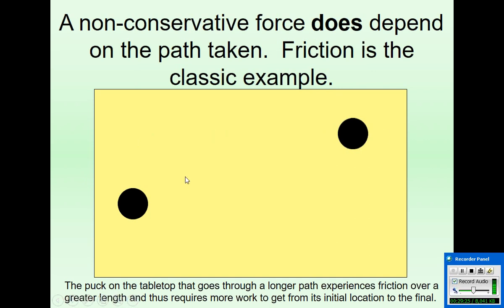But for the second one, throughout the entire motion, all along this twisty, loopy path, friction is acting directly against the direction of motion. And so the entire length of that twisting, looping path is taken into consideration to calculate the work done by friction.